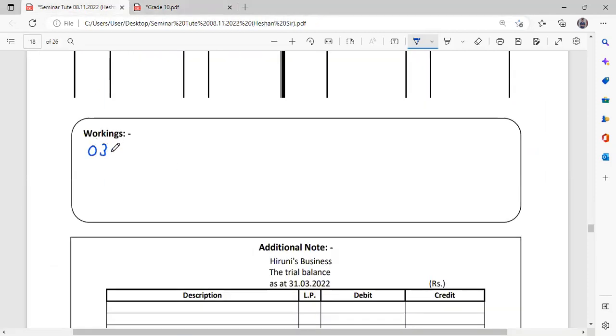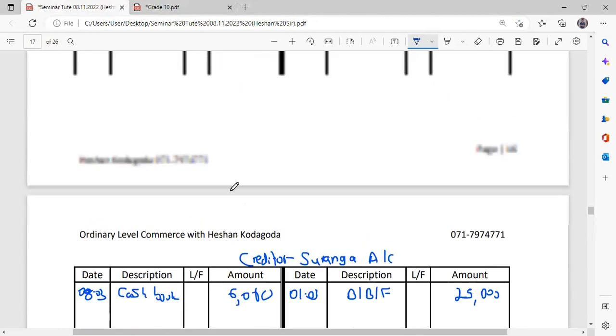Imalka is a debtor. 12,000 into 5%, which means 600. So this is the allowed discount.